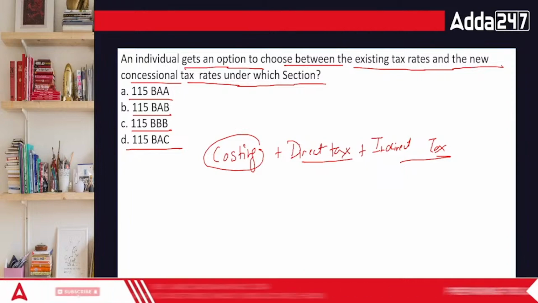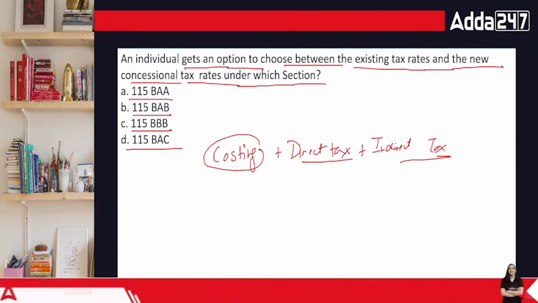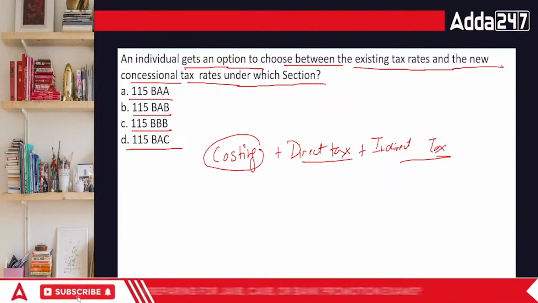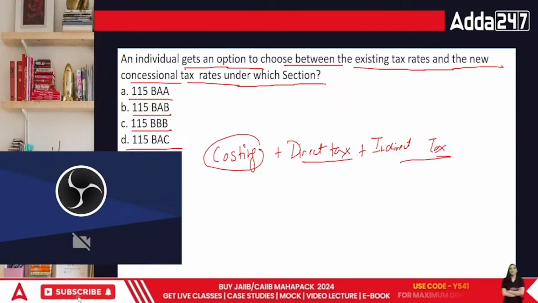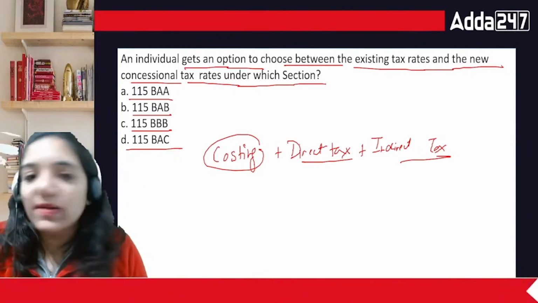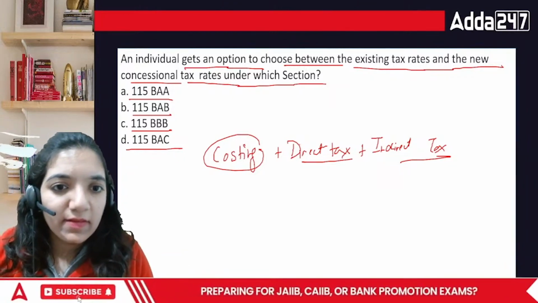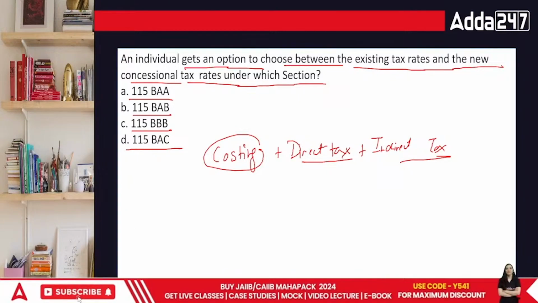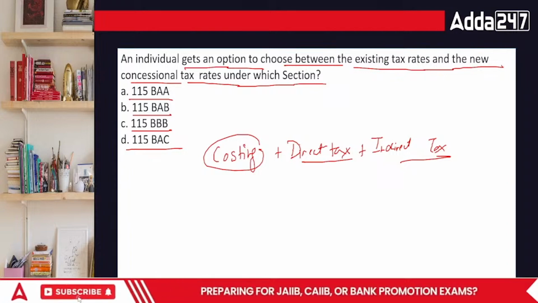There are different sections. The section that we are covering here is what exactly, according to you? Is it BAA, BAB, triple B, or BAC?